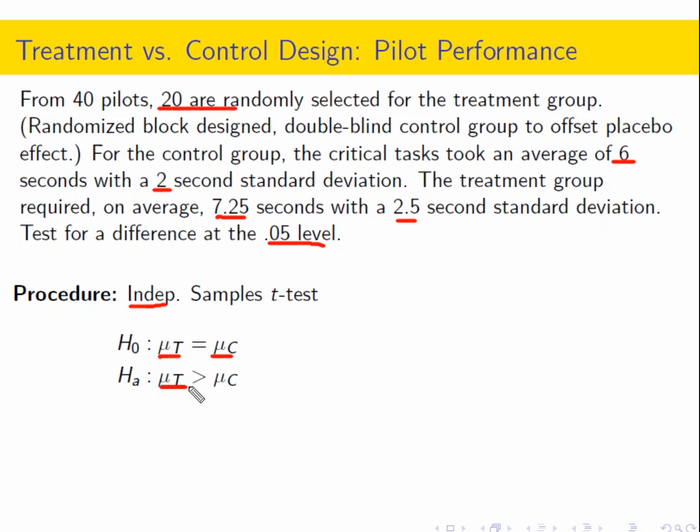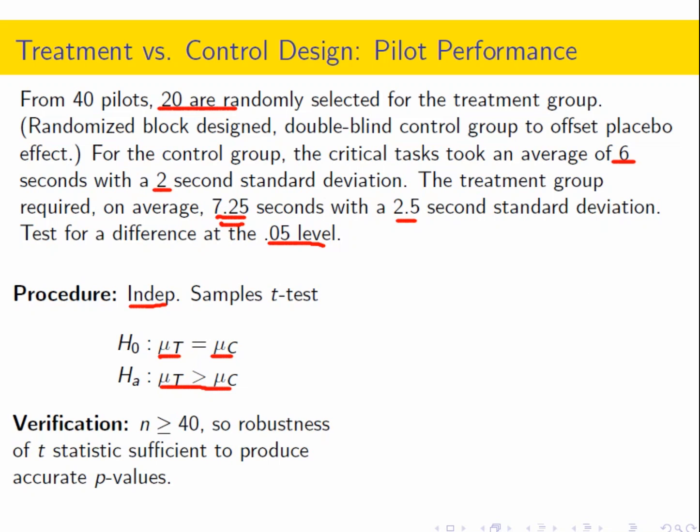We hope not to reject the null if we want these pilots to be able to use the medicine. But if we reject the null, we're going to be saying that there's evidence that the treatment group is higher. Remember, higher, more number of seconds. They're slower. So if mu sub t is greater than mu sub c, then these pilots are significantly slower on critical tasks when they're taking the medication.